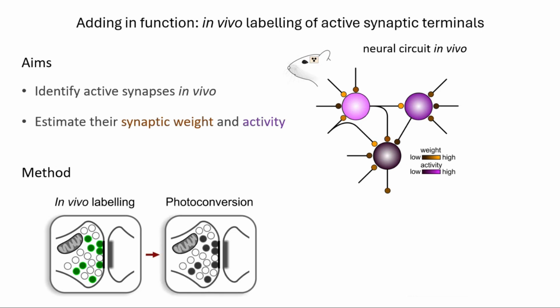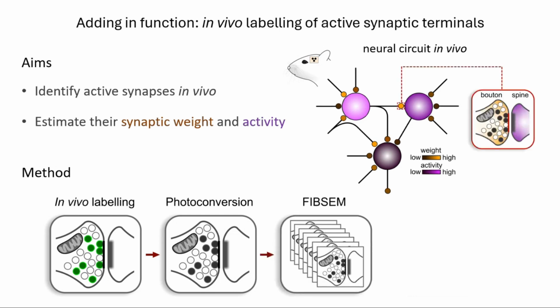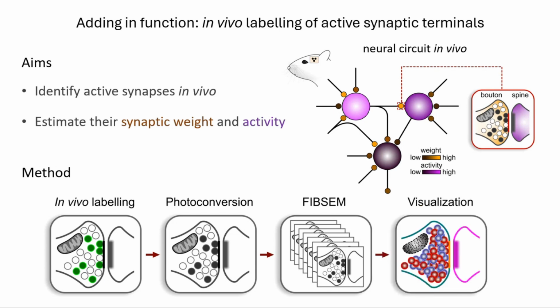The next step is to photoconvert this fluorescent dye for electron microscopy, and then to collect high resolution, close to isometric voxel size volumes. We use eFIBSEM or enhanced FIBSEM microscopy. And for the visualization and analysis, we use machine learning based vesicle detection and segmentation techniques.